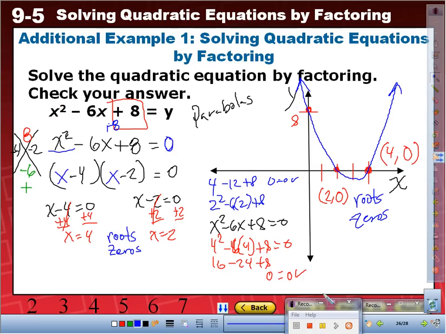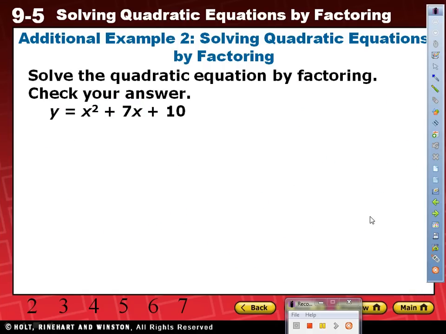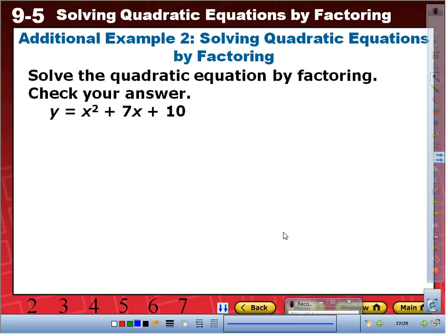Copy this next one. You don't have to copy the words, just the equation. Here we go. Example number 2. Y equals x squared plus 7x plus 10. Okay? Turn to your neighbor and let them know the first step.